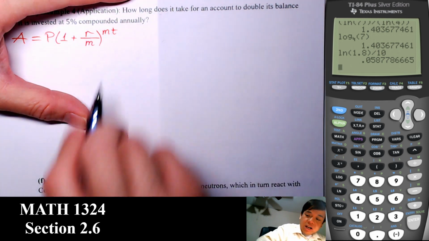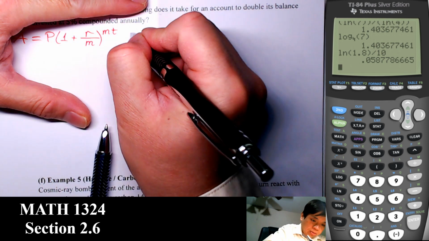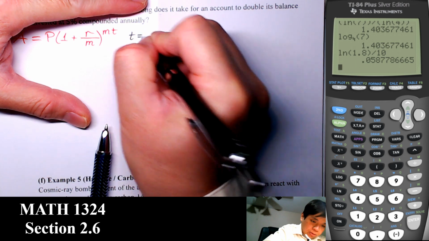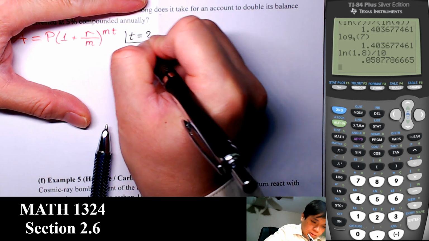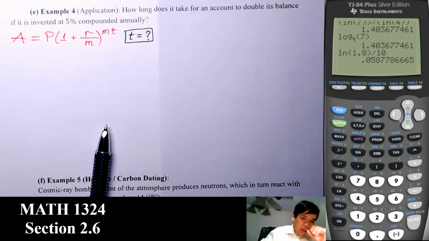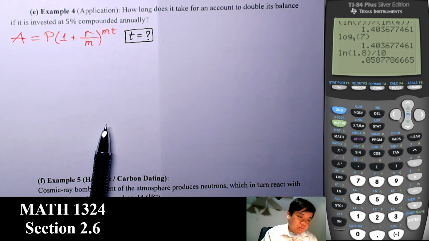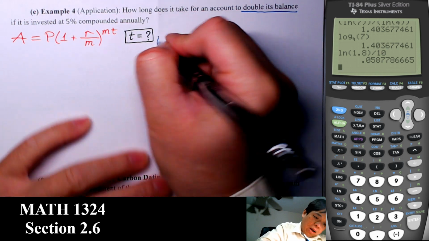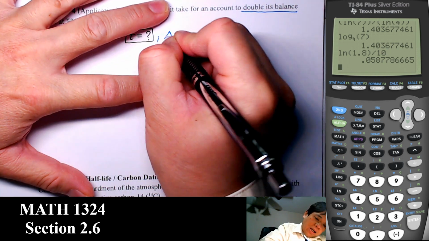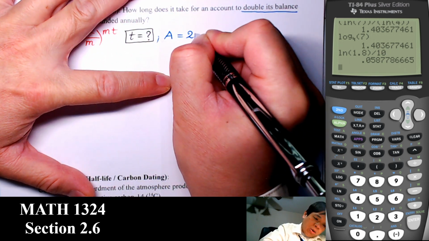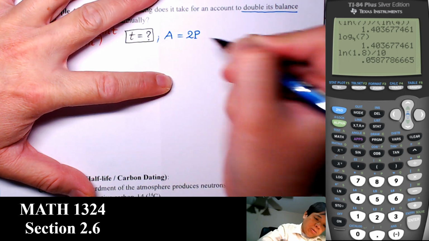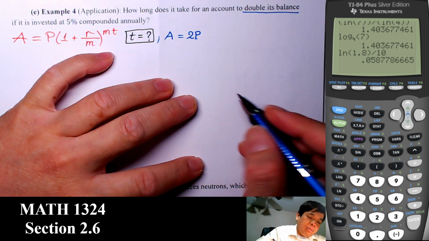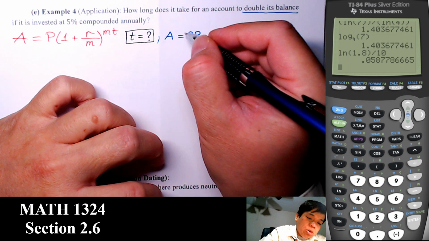How long does it take? So the question asks for time. And all we have is just double its balance. So that means the future value A is going to be twice the original investment. A is 2P. Future value is twice the principal.